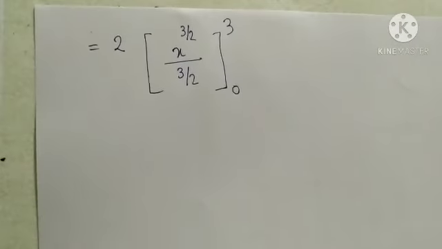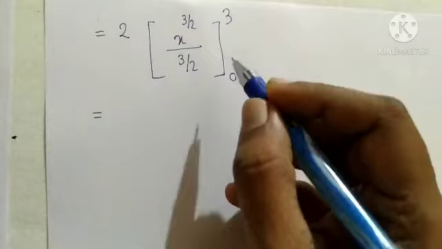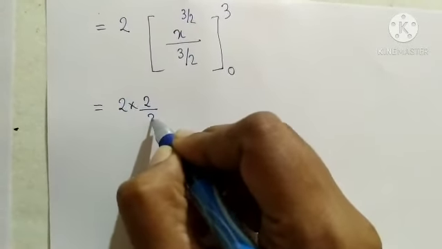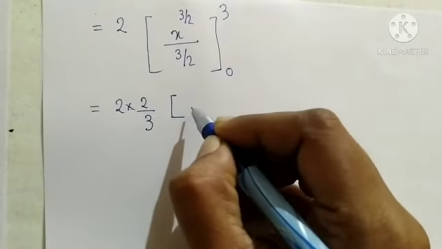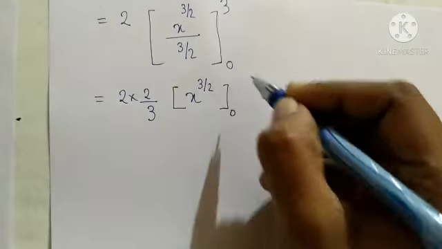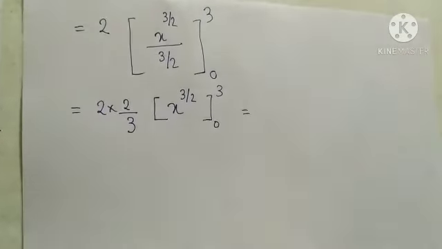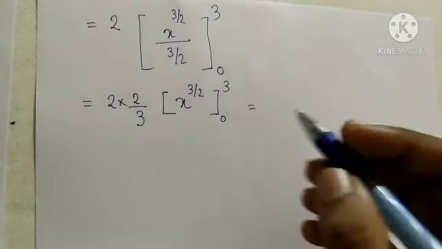I am going to take this 3 by 2, so it will become 2 into 2 by 3, and the remaining term is x raised to 3 by 2, limit 0 to 3. I am going to apply the upper limit first, replacing x by 3.